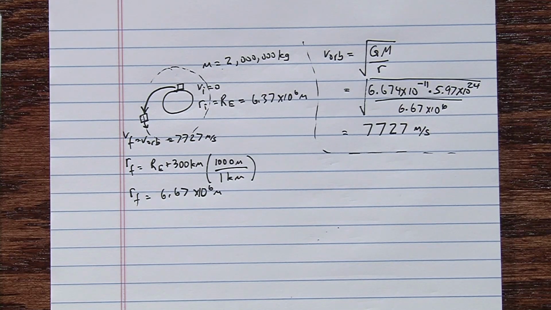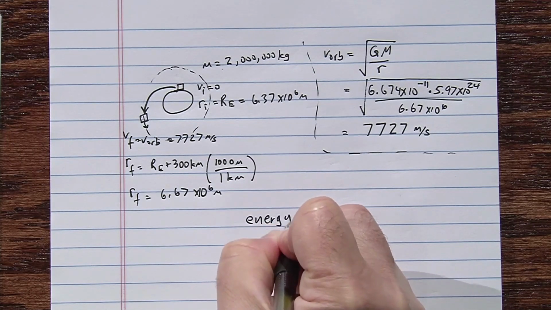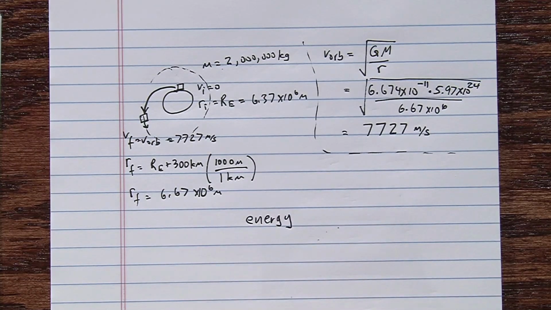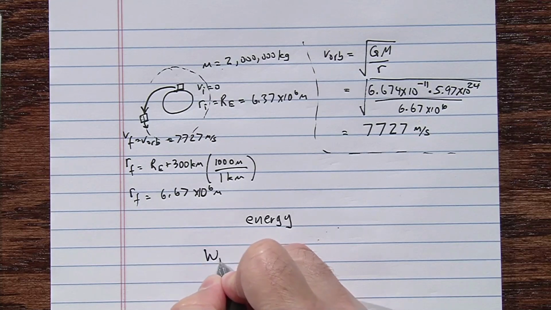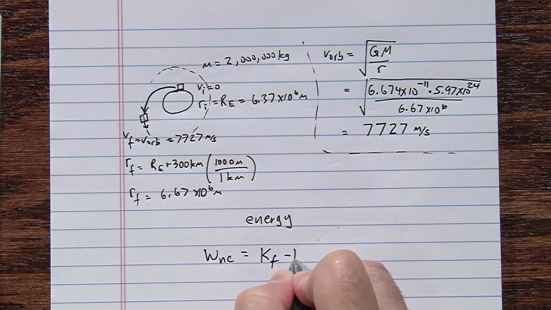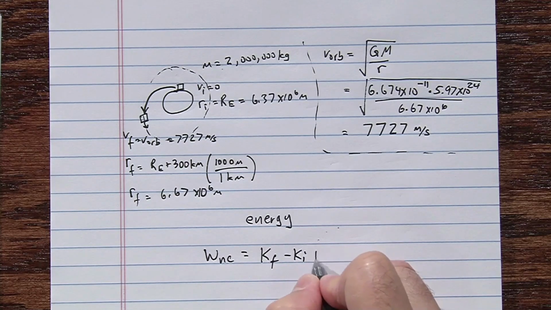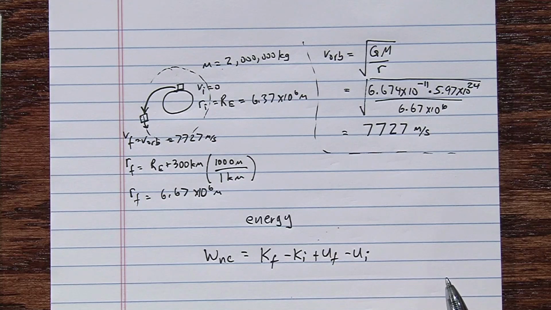Our starting equation is our energy equation. This is a change in position and a change in speed. And so our energy equation is work non-conservative is equal to kinetic energy final minus kinetic energy initial plus potential energy final minus potential energy initial.